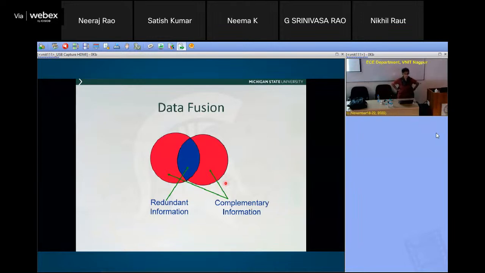So the same thing can be done with different types of NDE sensors. You can use the redundant information for noise filtering, and the complementary information can be used for increasing the accuracy of your inverse problem solution.